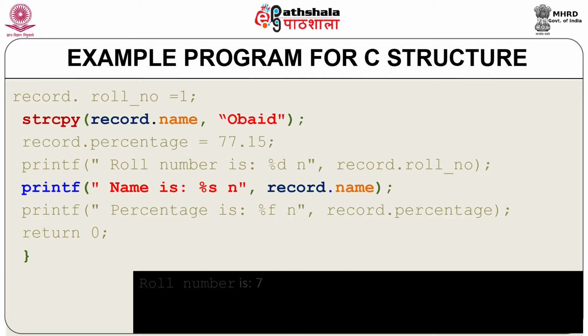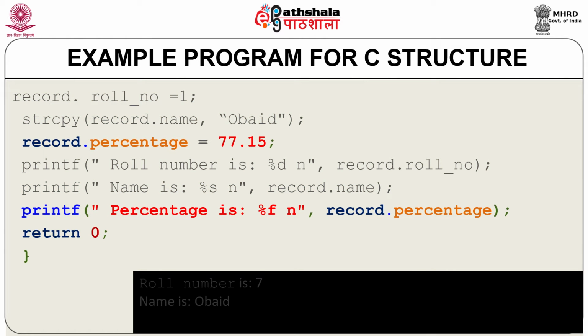So you are storing this name Ubaid in record.name, and you are also displaying the name of the student on the screen using a printf statement, that is printf("Name is %s", record.name). In record.name, the name Ubaid is stored using the string copy function.